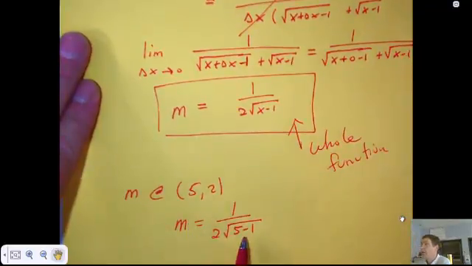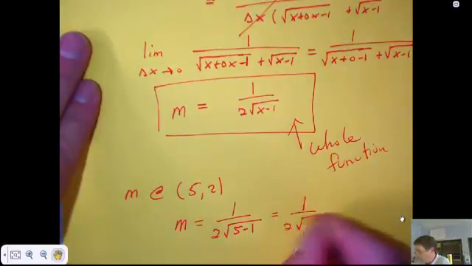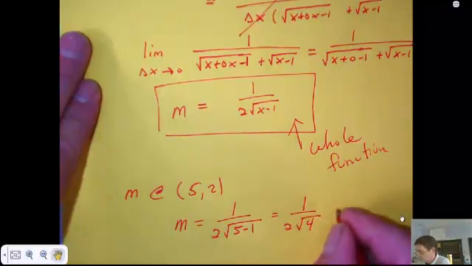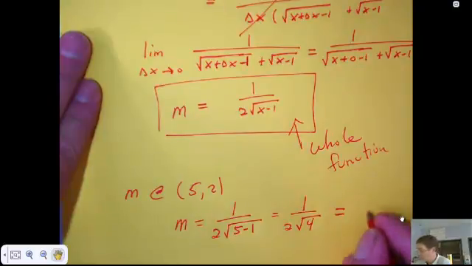I plug my x value in, and so that is 1 over 2 square roots of 4, and so the slope actually is 1/4. Good.